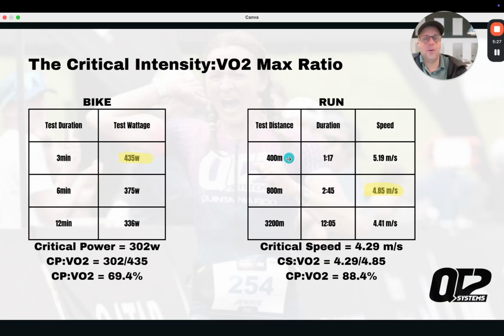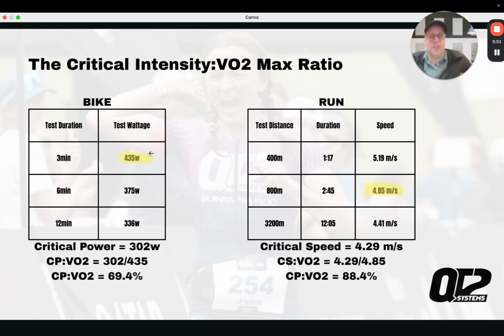And then those paces or those results are translated over to speeds: 5.19 meters per second, 4.85 meters per second, and 4.41 meters per second. In general, on the bike side of things, we can use the 3 minute test to represent the athlete's power at VO2 max.